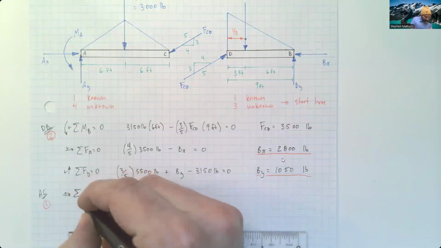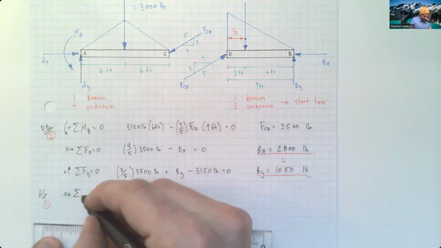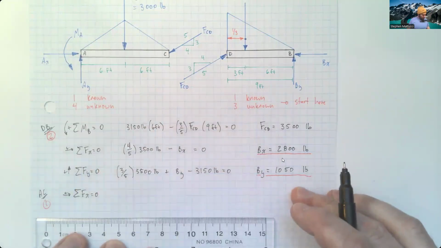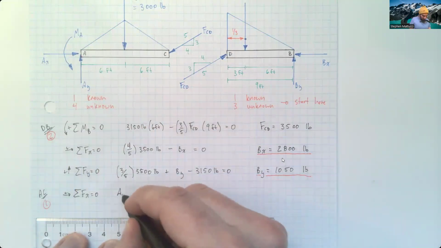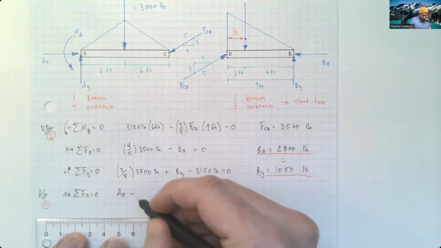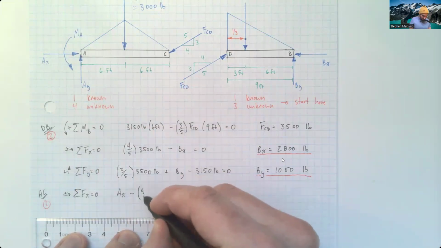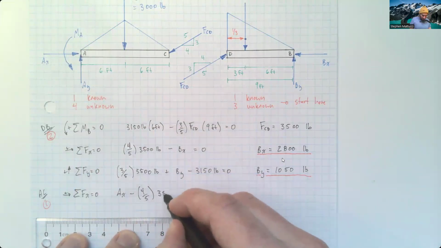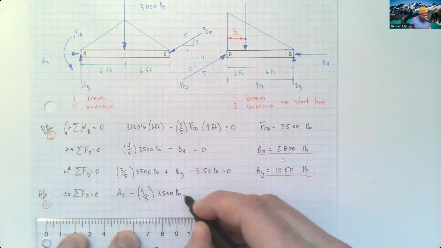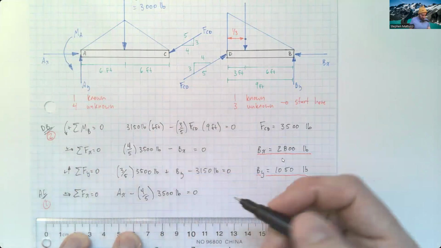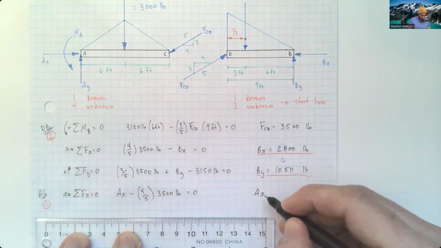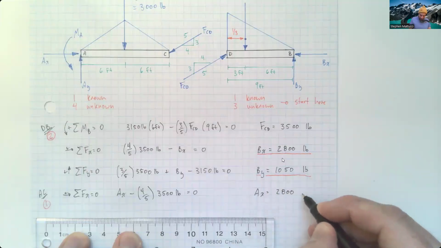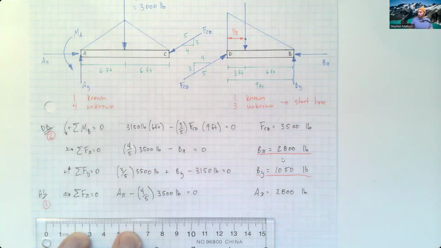Sum of forces in the X equals 0. We have AX minus 4/5 times 3,500 pounds equals 0. AX is 2,800 pounds.